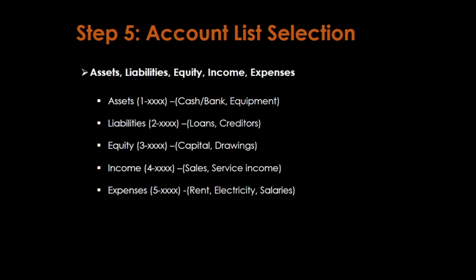This is fourth category, and fifth one or last one is expenses. This very simple part. All the expenses you can add within this expenses category. Rent, electricity and salaries, all of them, they are our expenses, so we can add it under the expenses category.